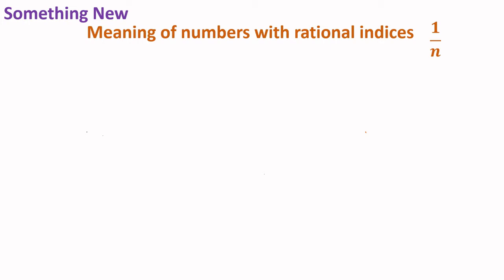This chapter is dealing a little bit more. What is that? That more or new is about this part, what is called rational indices. What is it? Indices having a rational number, index in p upon q format. This is new.